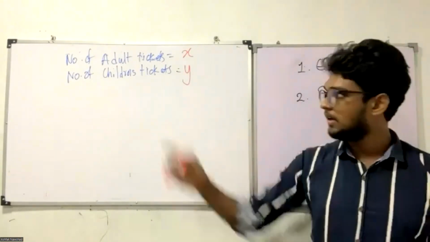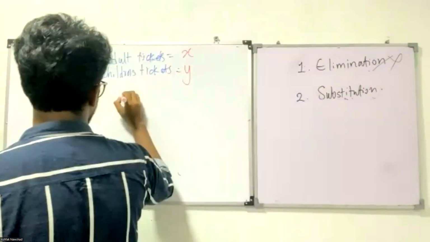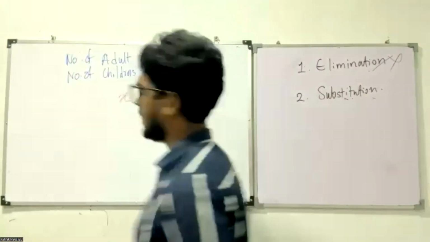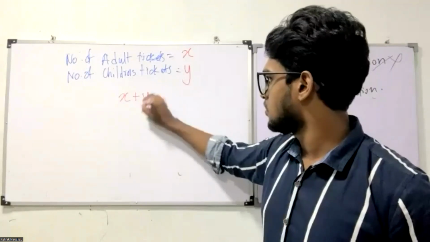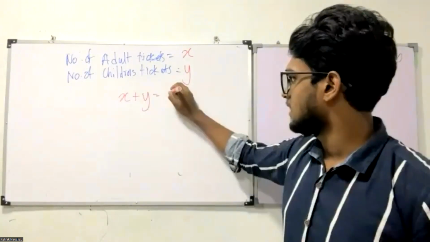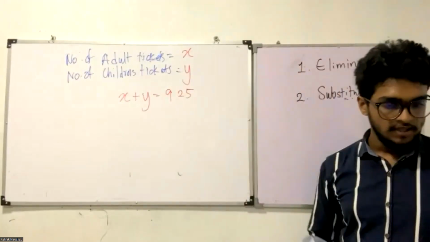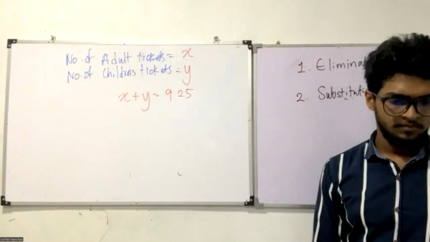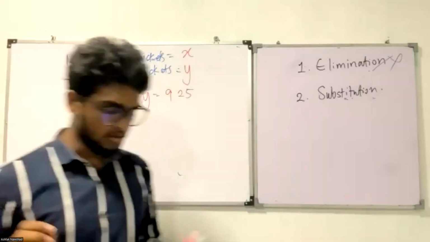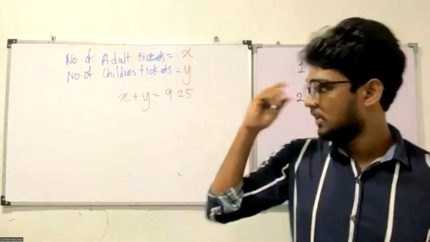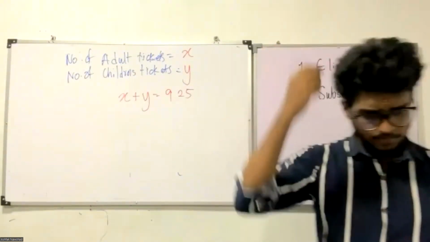We don't know a numerical value, we know an unknown value. The number of adult tickets sold is X, and the number of children's tickets sold is Y. So the total number of tickets is X plus Y. That's 925. Is this clear?